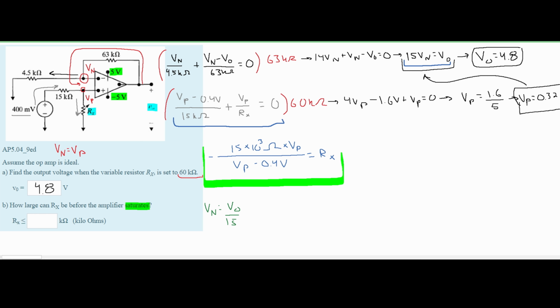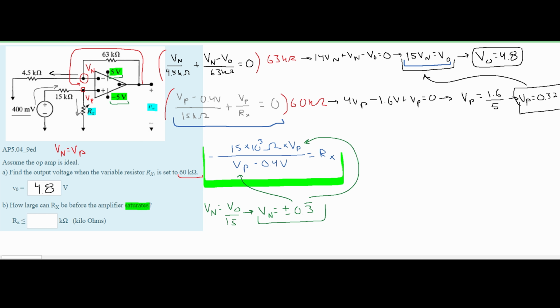And we remember that saturation happens at this negative 5 volts or this 5 volts. So we're going to plug both of these in and see whichever one's higher. We're going to see that our Vn is equal to plus or minus 0.3. Using this, our Vn is equal to plus or minus 0.3. We can plug this into here, and then see what we get for our Rx.